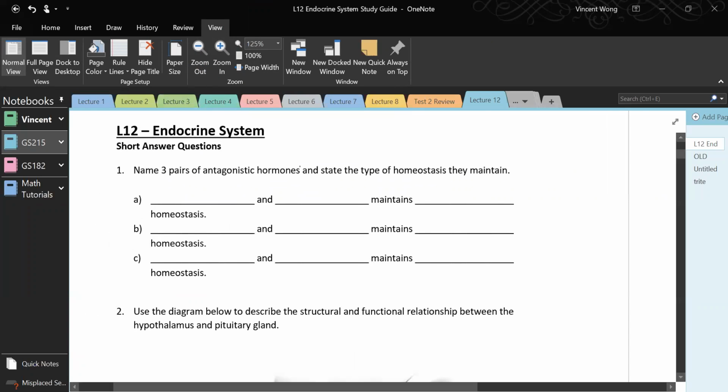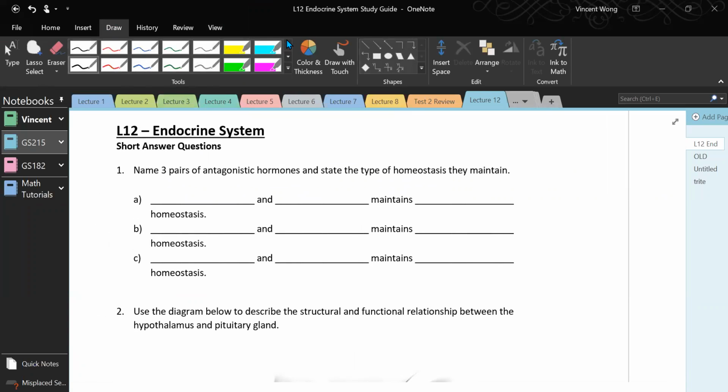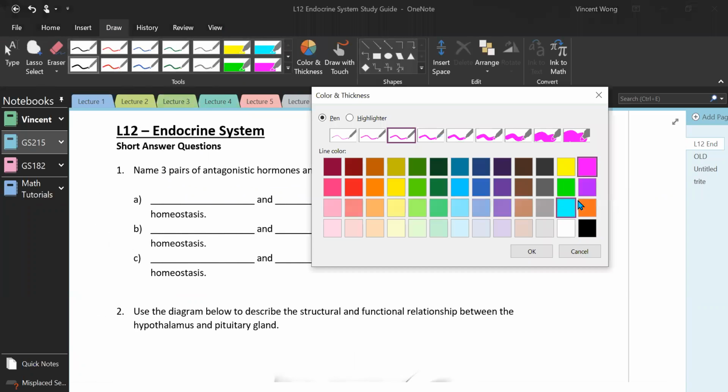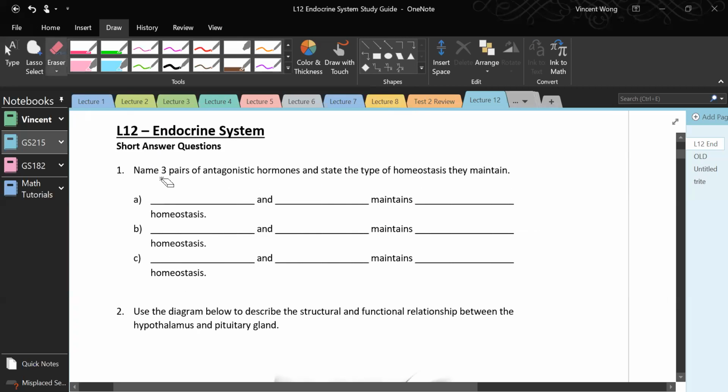First pair of antagonistic hormones that we learned was in the kidney unit, right? And if we are going to fill this in, we can say aldosterone, which is from the adrenal cortex, and the ANH, the anti-natriuretic hormone.